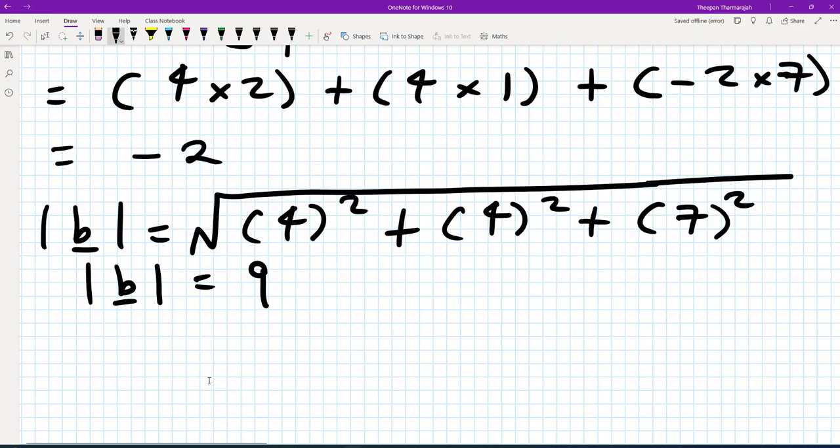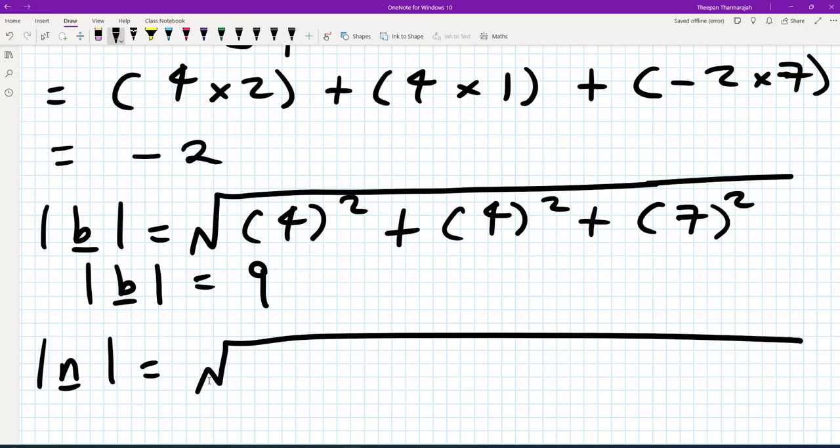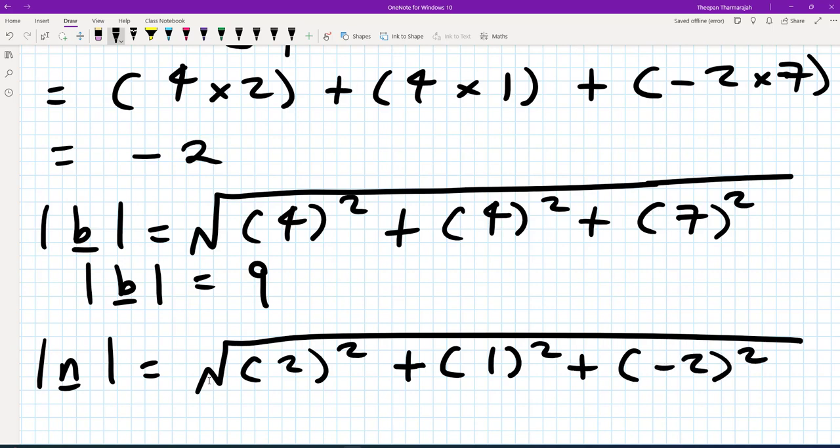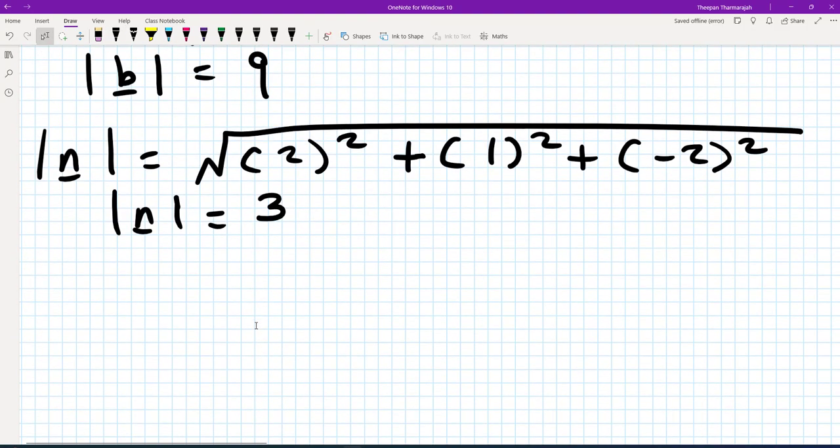So mod N. So again, straightforward Pythagoras here. 2 squared plus 1 squared plus minus 2 all squared. Mod N works out to be 3. So now we're going to use the formula.